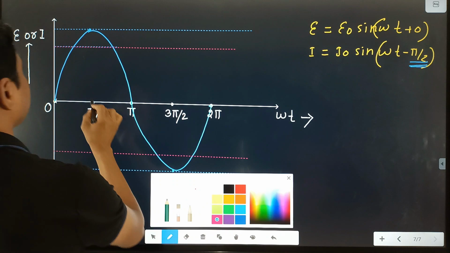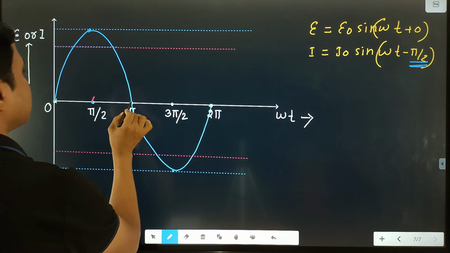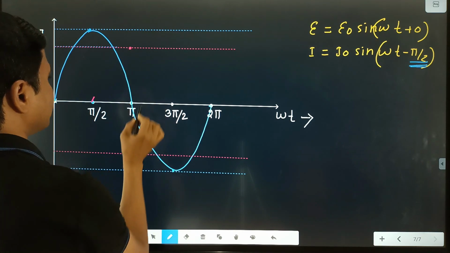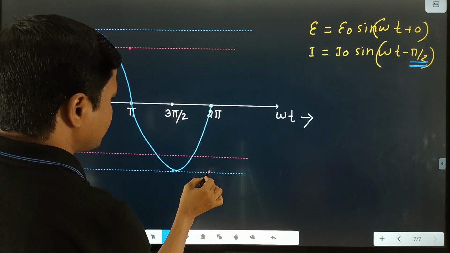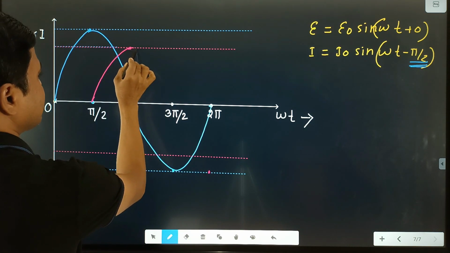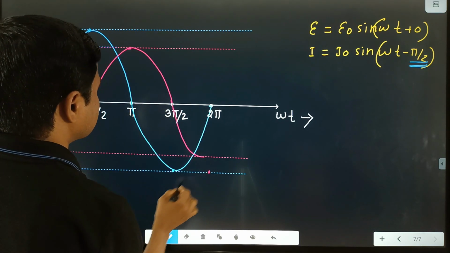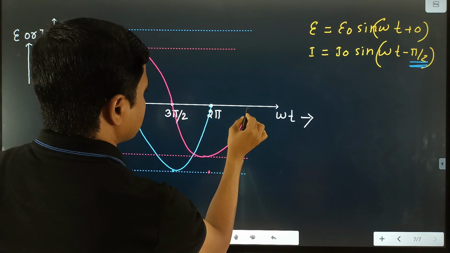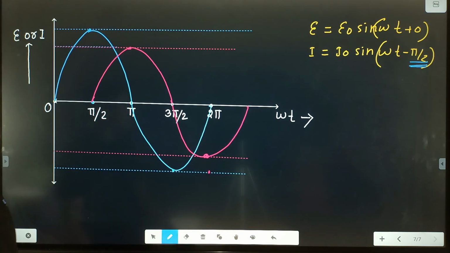Now we draw the graph. Current starts from this point, and current is maximum at this point. Here also current is 0, and current is maximum at this point. Now draw the graph for current: maximum value, again 0, again maximum value, again 0. Clear? This is the maximum value on the negative side.